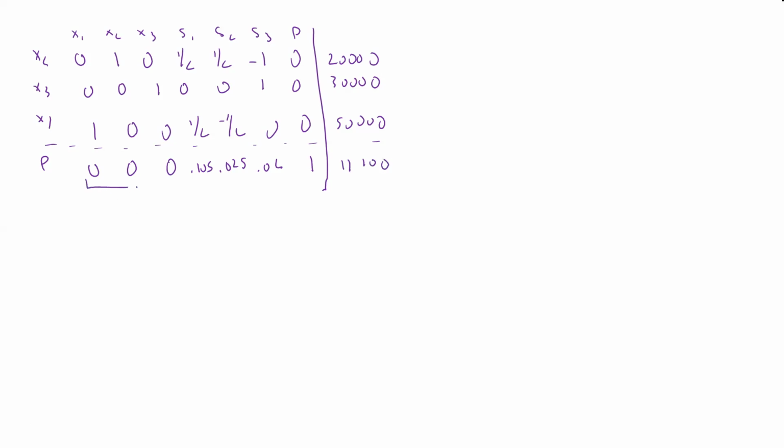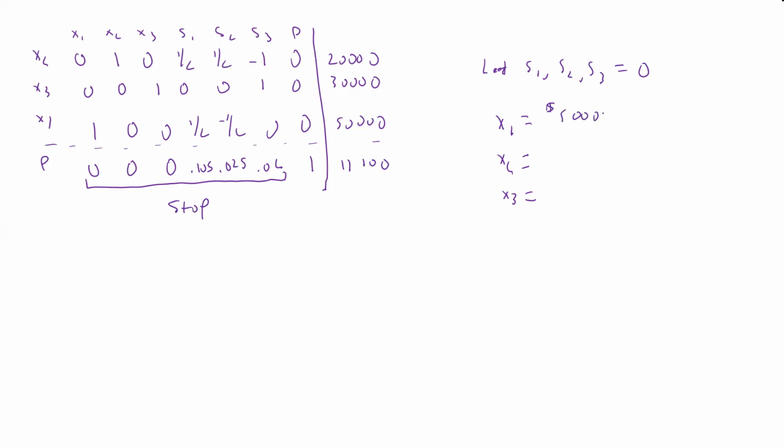And now we look here and stop because they're all positive. All right. So x1, x2, x3 are going to be values. So that means we're going to let S1, S2, S3 equal 0. So X1, X2, X3 are going to equal, X1 is going to be 50,000, and that's going to be money.